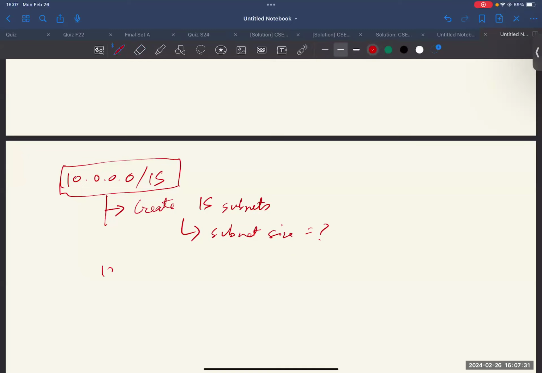So let's see. Again, I have 10.0.0.0/15. My line will be drawn here. Right? This is what's happened. Now, to represent 15 subnets, how many bits do I need? 4 bits. Why 4 bits?